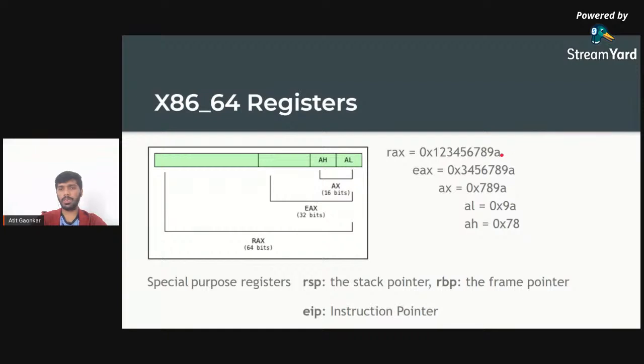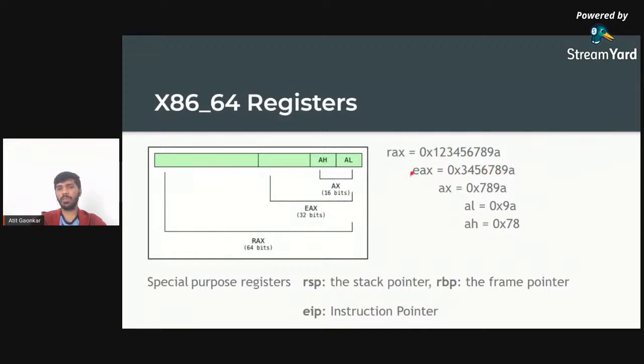The first 32 bits are 1, 2, 3, 4, 5, 6, 7, 8. As every number in hexadecimal is represented in 4 bits, you can have 8 characters in hexadecimal to represent 32 bits. That is the reason EAX is from 3 to A.